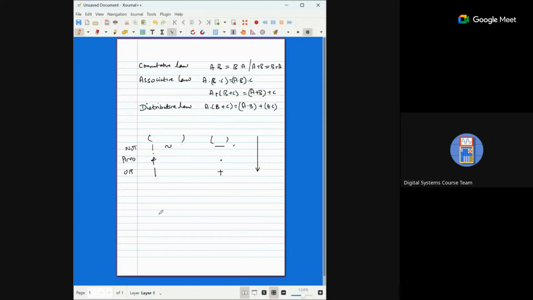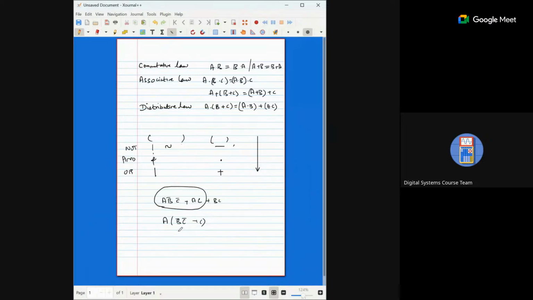Why I'm saying this: if you have an expression, just giving a random example, A B bar C bar plus A B C bar, something like this, plus AC plus BC, in this case I can group these terms so that I can write A times of B bar C bar plus C. Here I'm using the distributive law and I can proceed.